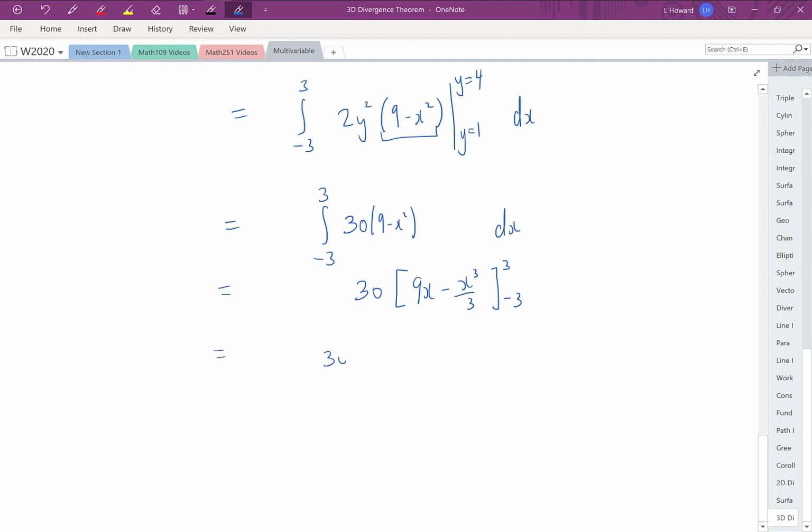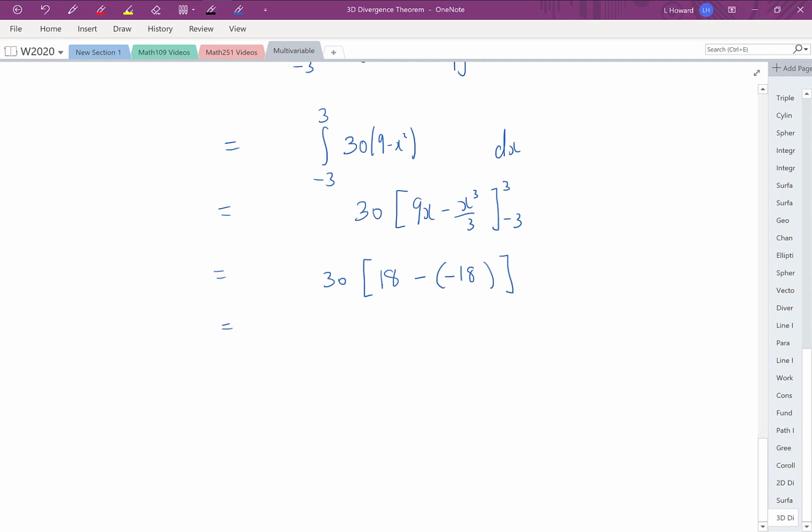So we get 30 times, well, subbing in x equal 3 here, we get 18. And then we're going to be subtracting off the value at negative 3, which is going to be another negative 18. Okay, so altogether, we're getting 30 times 36, which is going to give us 1080.